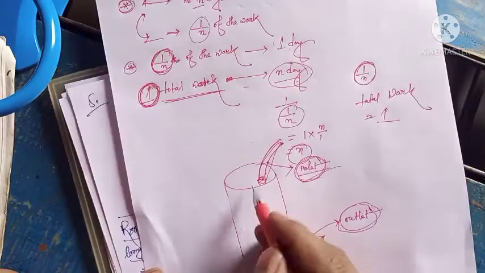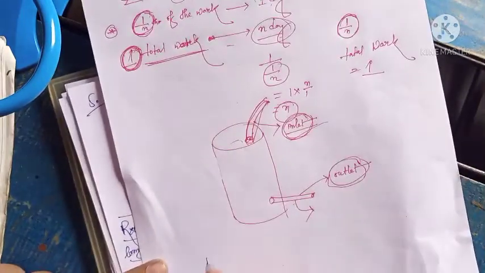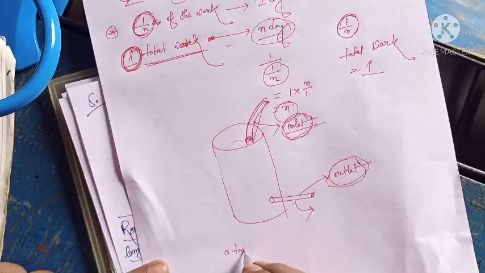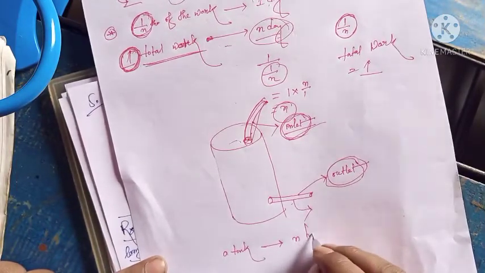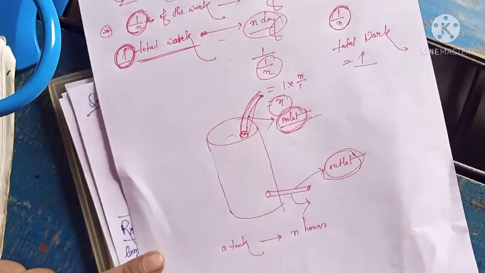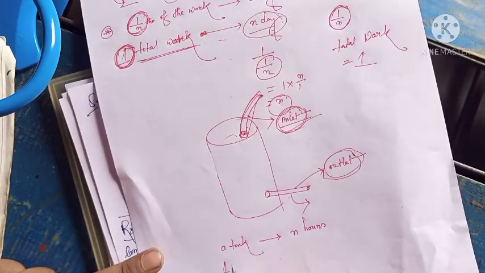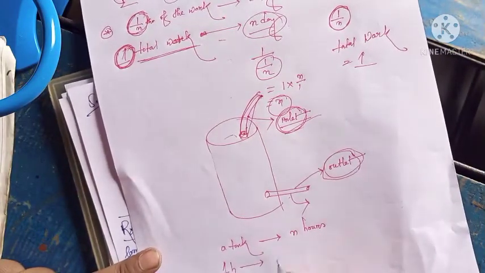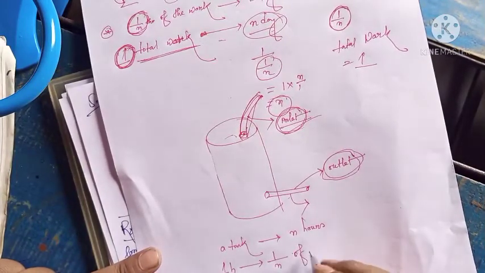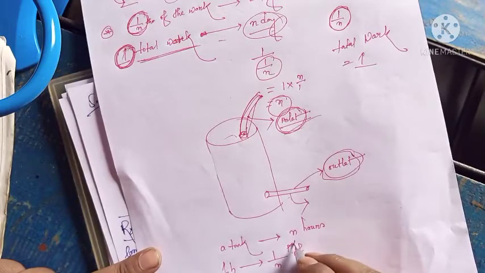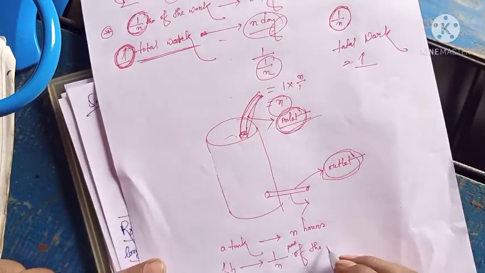So in case of a pipe, if a pipe fills a tank in n hours, then in 1 hour the pipe fills 1 by nth part of the tank.